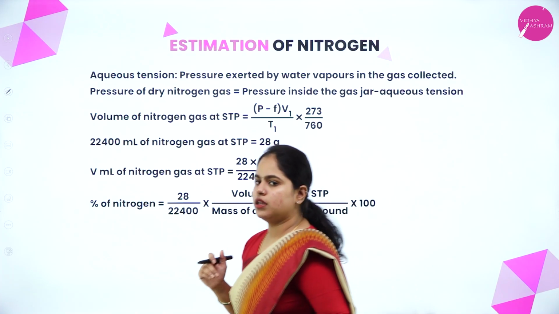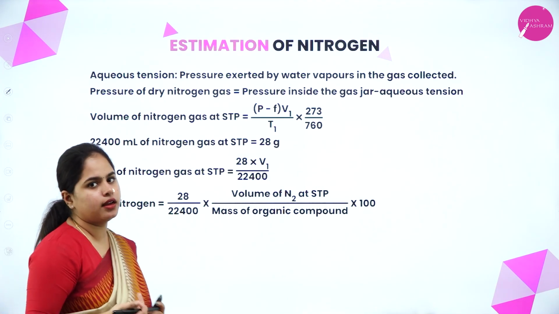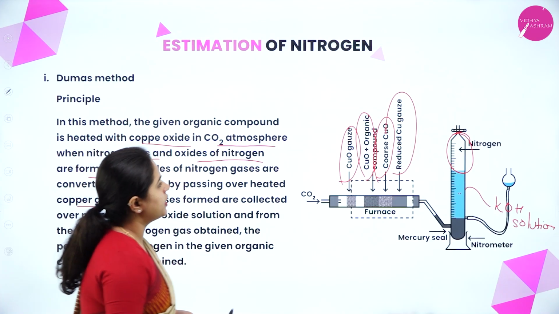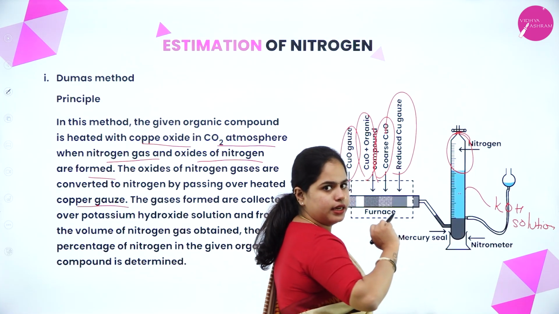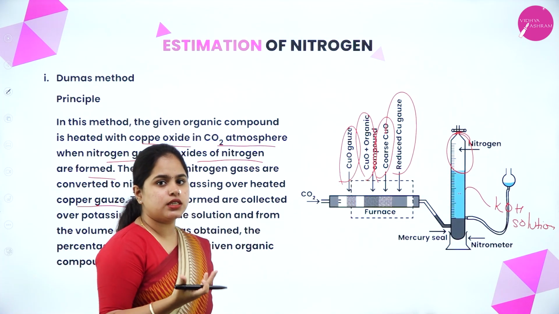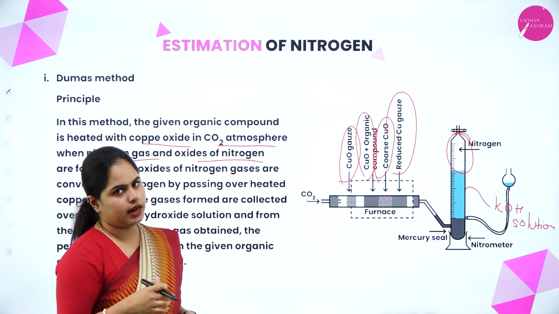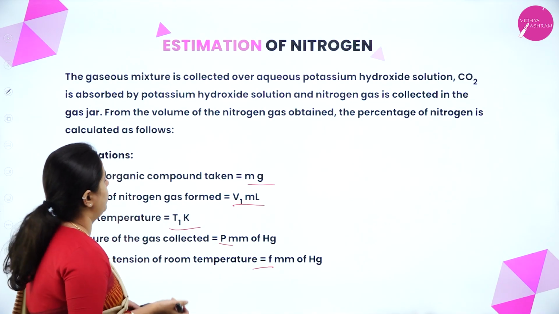Aqueous tension is the pressure exerted by water vapor in the gas collected. So nitrogen will be collected here, and there will be some water presence as well. So it is the pressure exerted by the water on the gas. So that is aqueous tension. So we have to consider that as well, right?